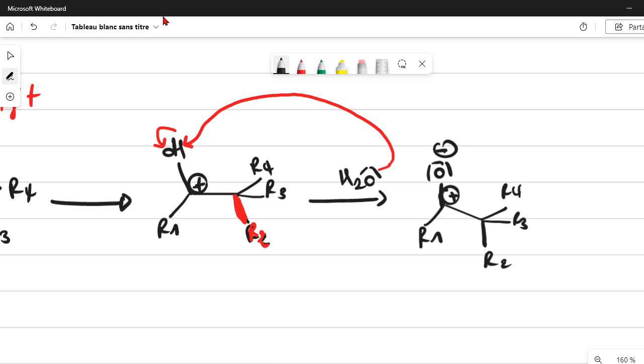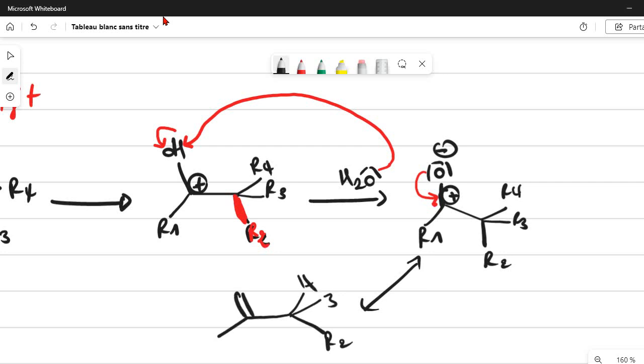And now we are going to form our ketone like this. It is the same molecule that I'm going to draw here, R2, R3, and R4.